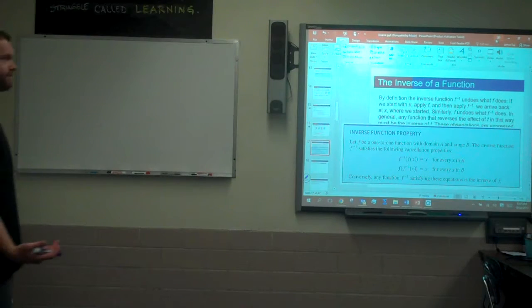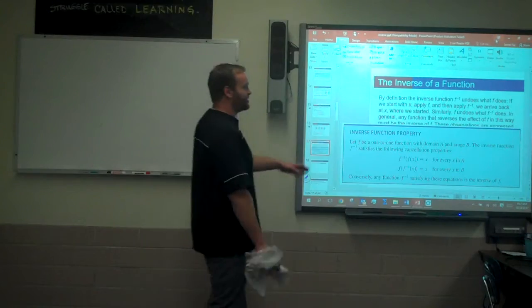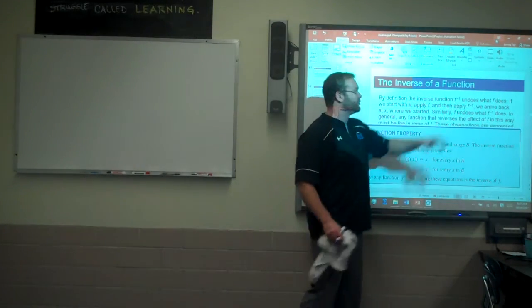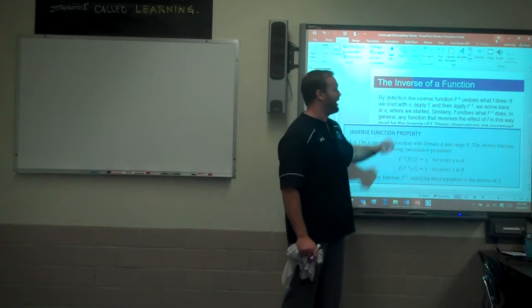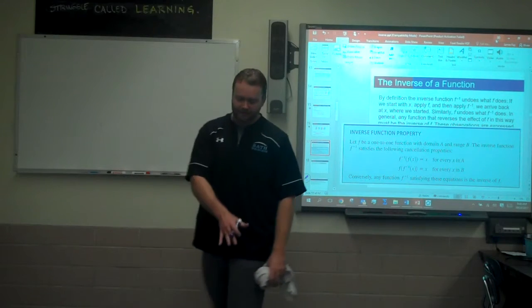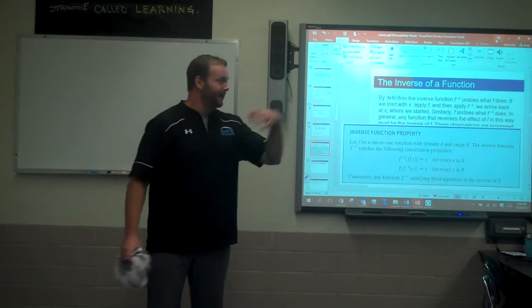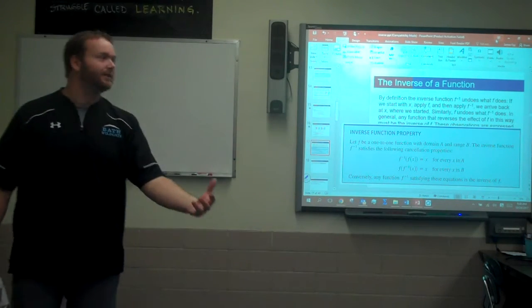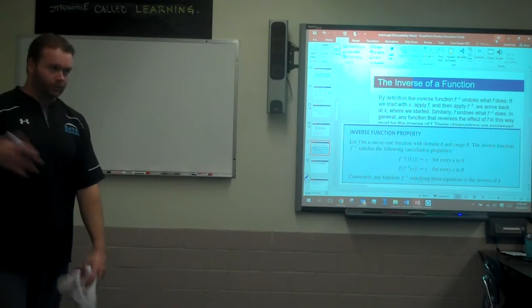It simply says by definition the inverse function f inverse undoes what f does. If we start with x, apply to it some function f, take that output, and apply to it f inverse, we should arrive back at x.